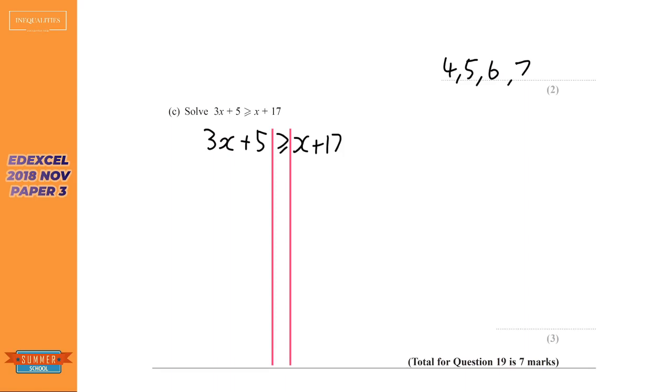So we've got 3x on the left hand side and x on the right hand side. So I'm going to deal with the x because it's a smaller amount. And to get rid of it from that side, I'm going to take away x from both sides. So we've got 2x plus 5 is greater or equal to 17. Now, you might notice that I'm doing this the same way as I would do just a normal equation with an equal sign there.